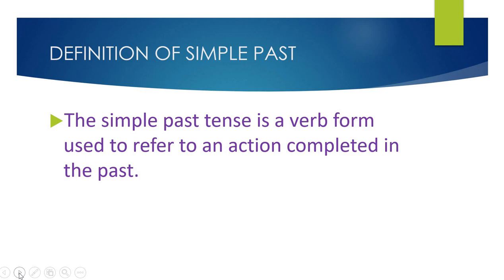Now we know that there are three forms of the verb, V1, V2, V3 forms, right? What is the V1 form? Present form. What is the V2 form? Past. And what is the V3 form? That is the past participle.